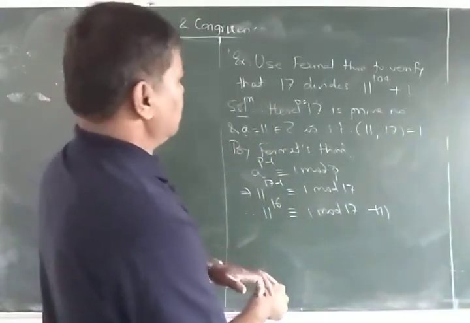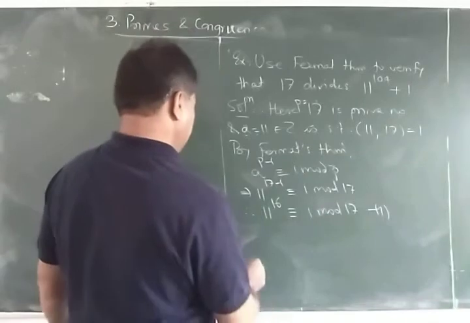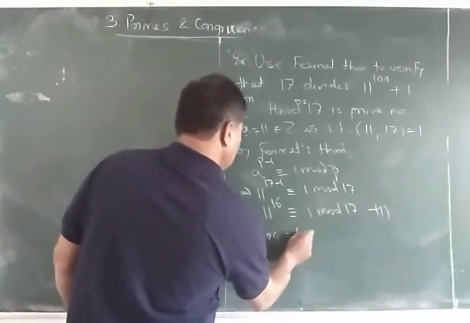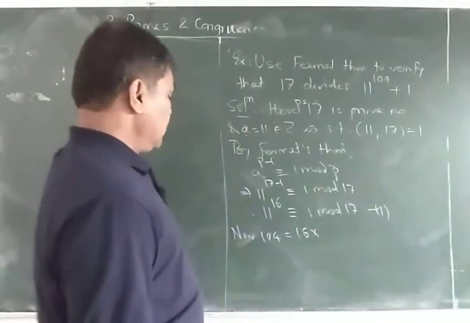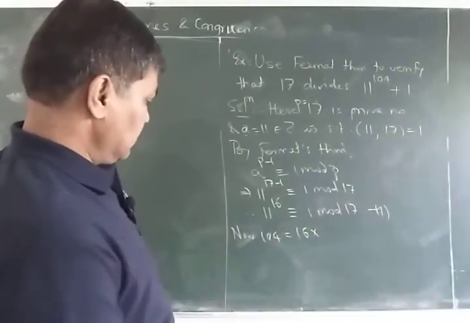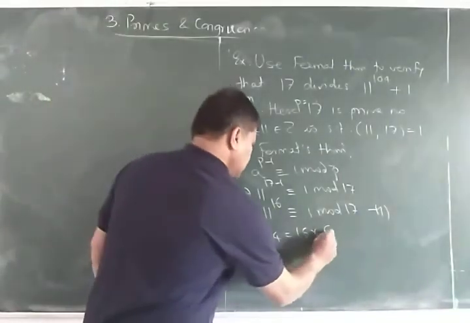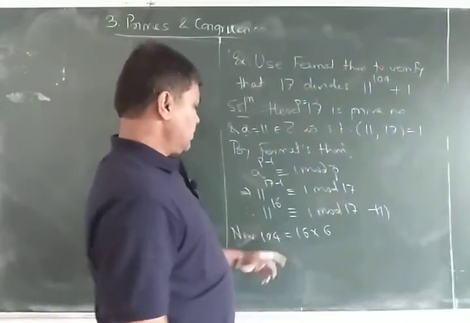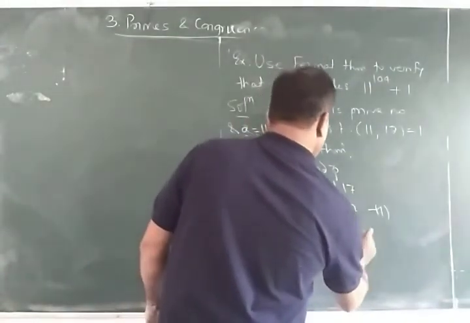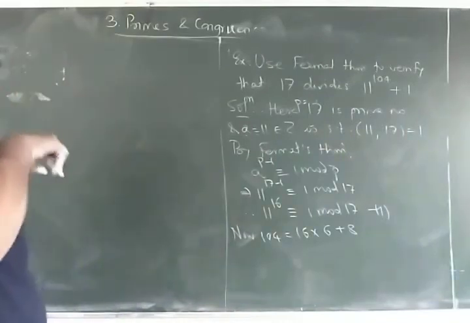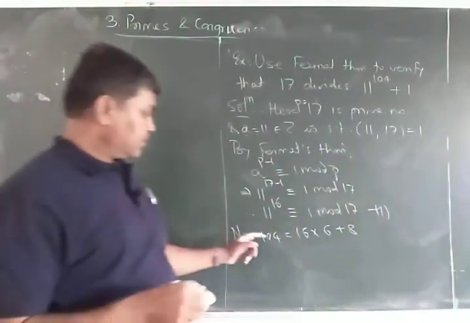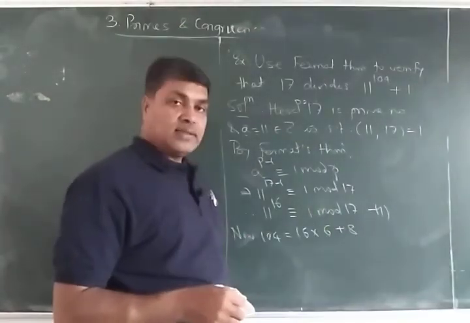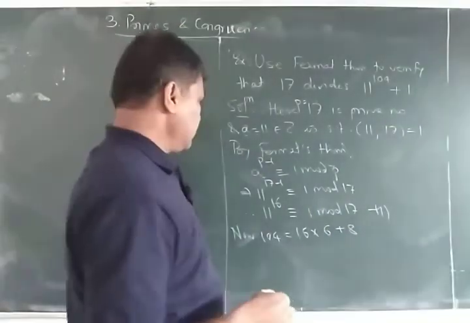Applying the division algorithm to 104 and 16: 104 is equal to 16 into 6 plus 8, since 16 times 6 is 96, plus 8.